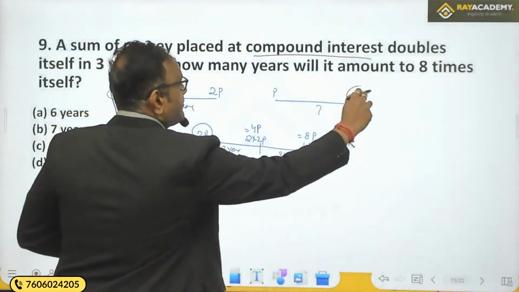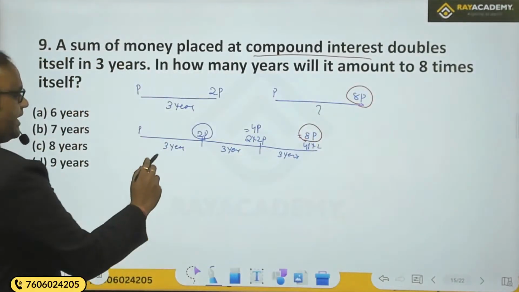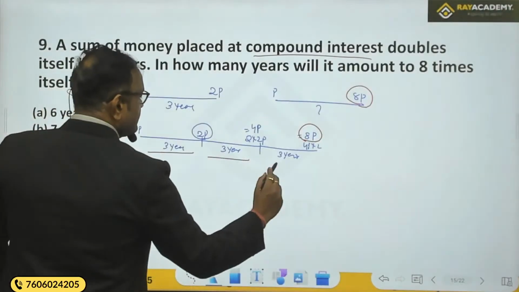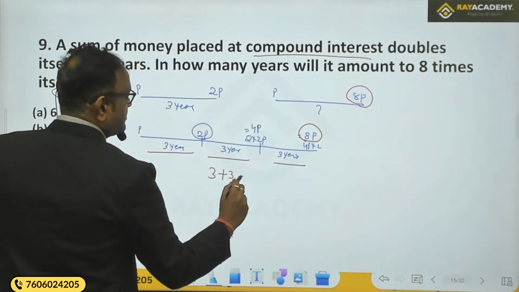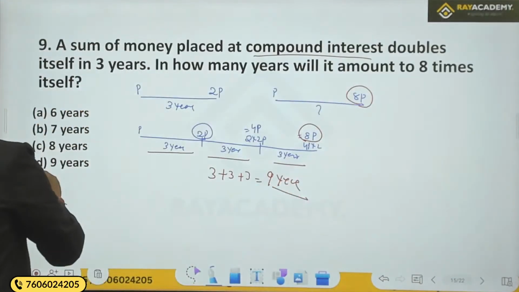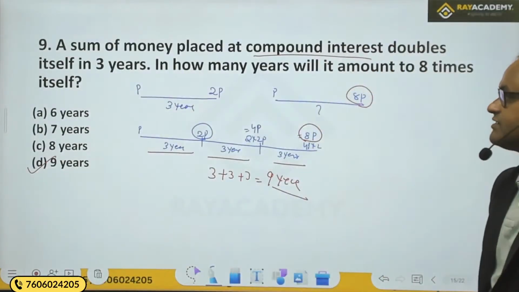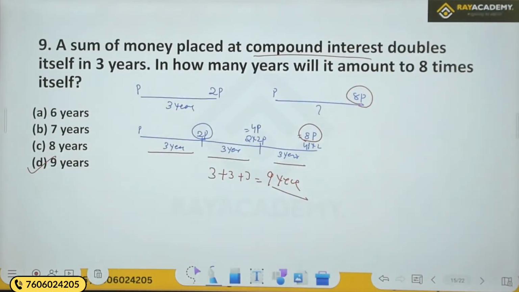So 8P is reached with 3 years, 3 years, 3 years: 3 plus 3 plus 3, that is 9 years. You can directly put the answer as 9 years, with no need to do such calculations.